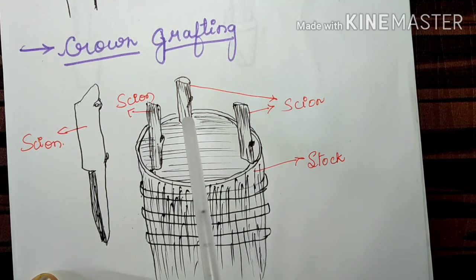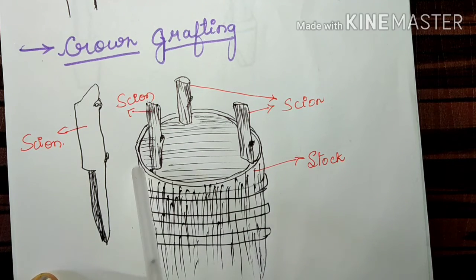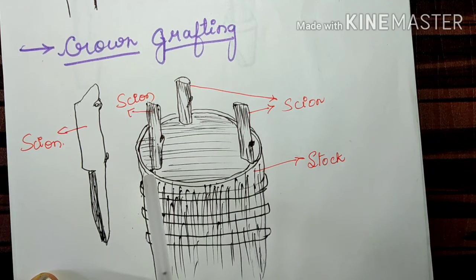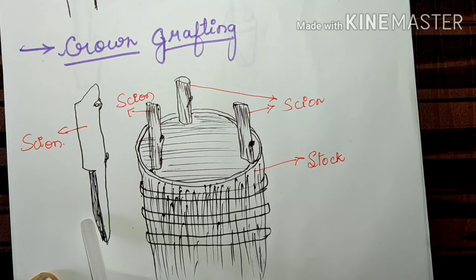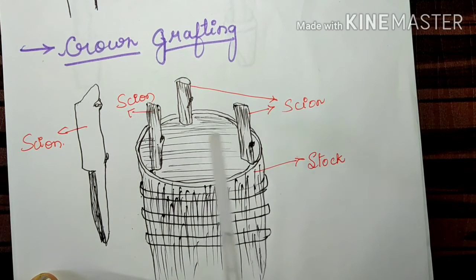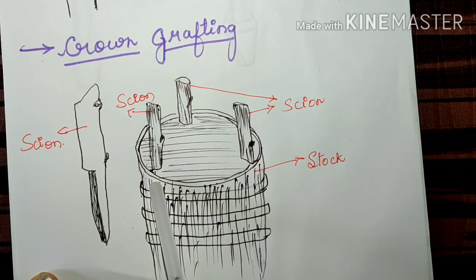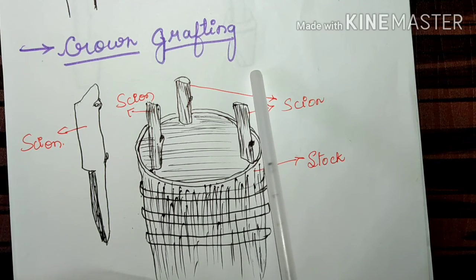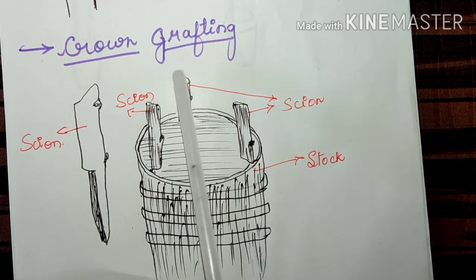Here we need to make slits at the top of the stalk plant, and the scions having wedge-shaped cuts are grafted on these slits, wrapped, and allowed to develop into a new single composite plant. This is how crown grafting is done.